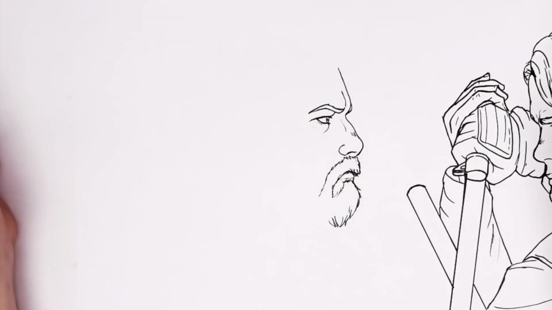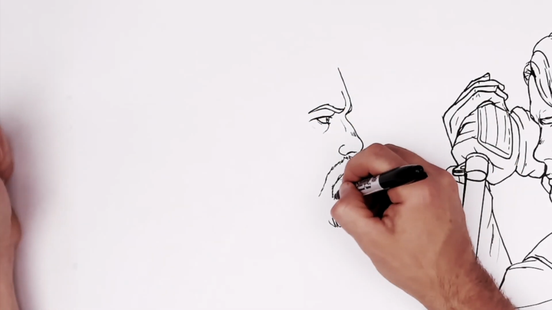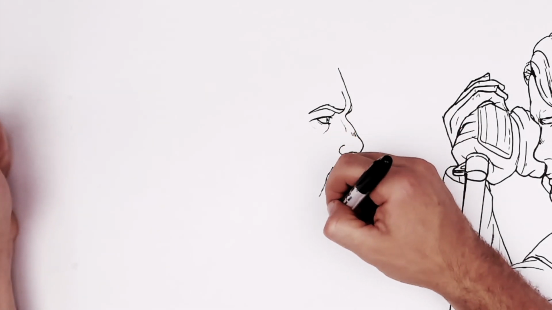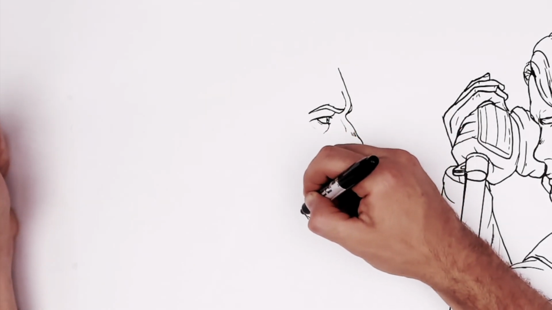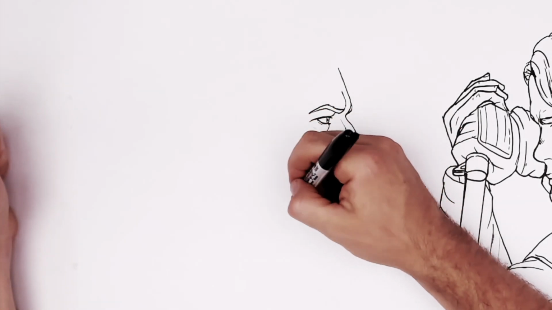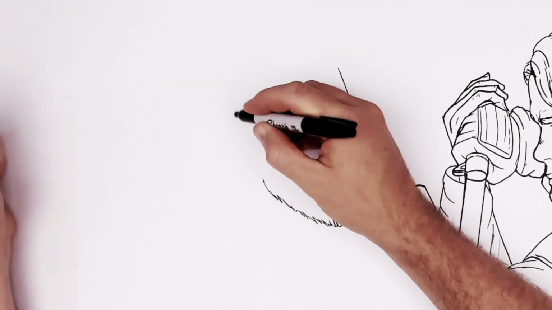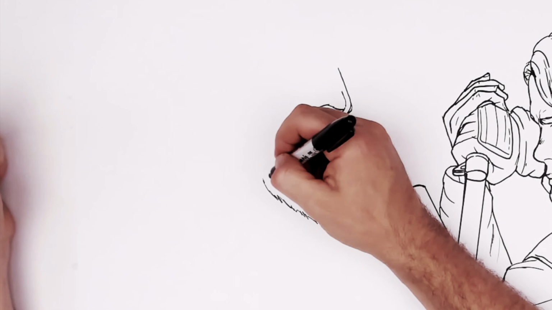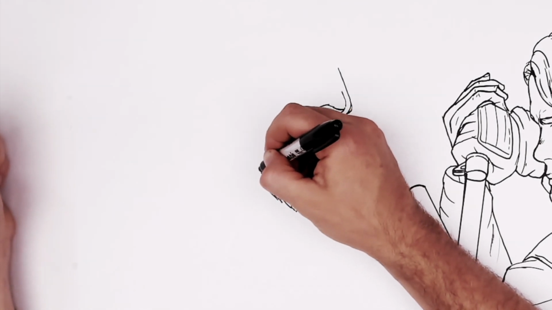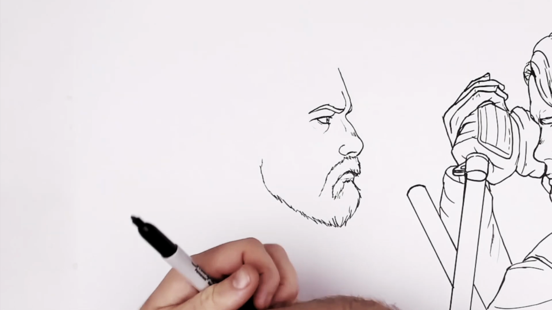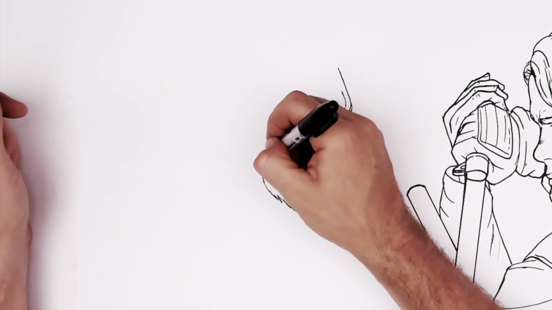So then his jaw is just a beardy, hairy beard line as well. It joins right up to his sideburns, on the side of his head and his ear.